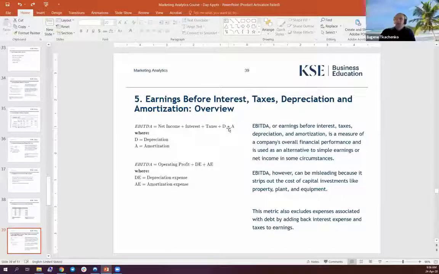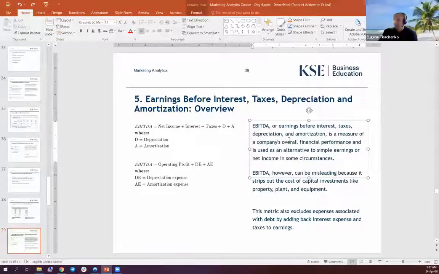just for optimization purposes, and you can consider it as a partially pricing optimization point, because again, you want to consider the impact on overall financial performance. So it is some sort of alternative for simple earnings or net income in some circumstances when you need to optimize certain components or basically the whole equation overall.